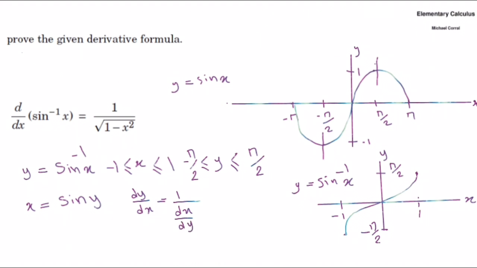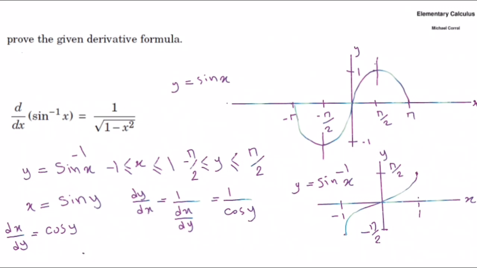So the derivative of x with respect to y equals cosine y, and the derivative of y with respect to x equals 1 over the derivative of x with respect to y, which equals 1 over cosine y.